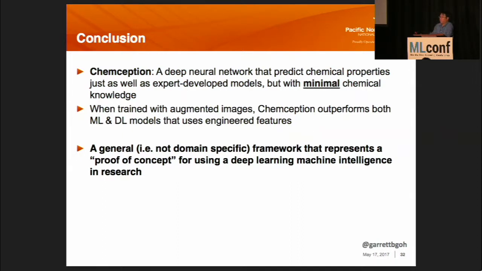But one of the most important things is that because we try to take as much as possible a domain-agnostic approach in developing this research program, we suspect that this could be a transferable framework where we could start using deep learning really as machine intelligence as opposed to just another tool, and try to see if we can actually push forward the boundaries of science.